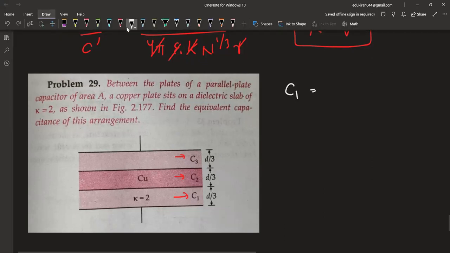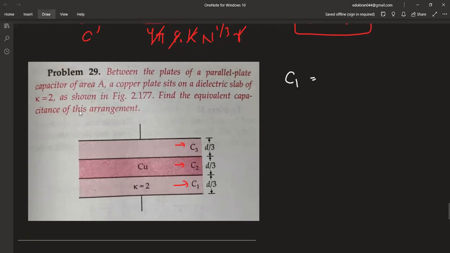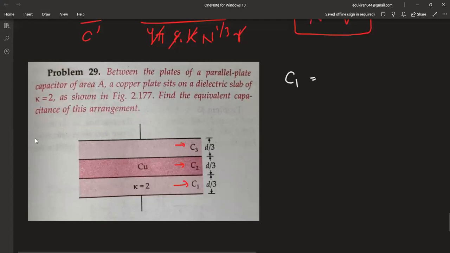How? I have told you when we were studying this topic, capacitor, that when the distance is getting divided and the area is not getting divided, that shows it's a series combination.